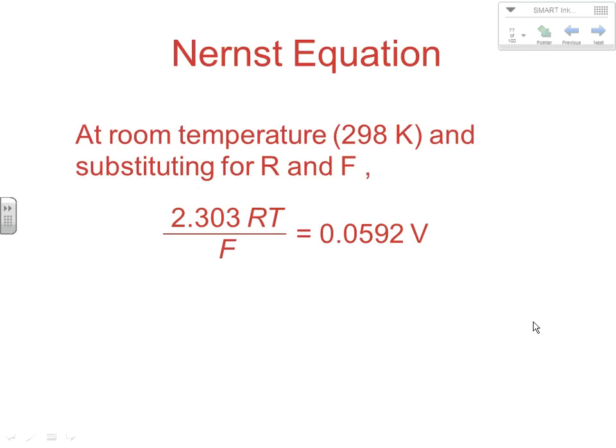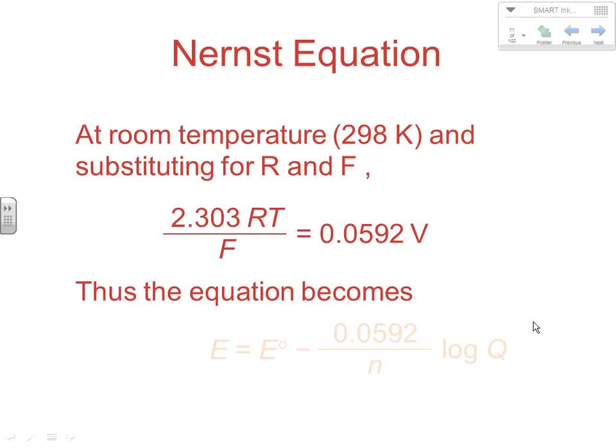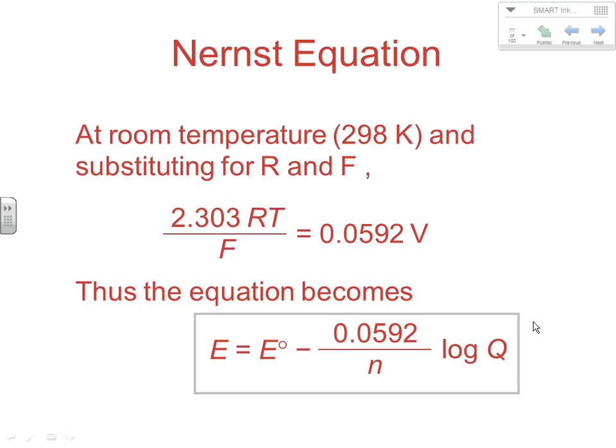So at room temperature, we've got 298 K. If we substitute our R and F into that equation, remember that gives us our 0.0592, that equation then becomes this, which, getting rid of the constants and going with a simpler form, is always a much easier expression to use. So now our Nernst equation comes in this form.